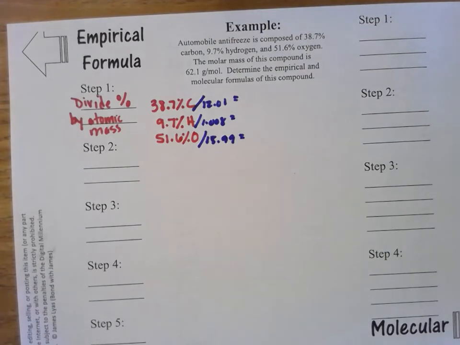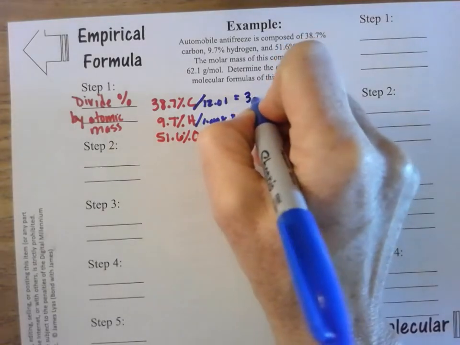Let me use my calculator. 38.7 divided by 12.01 equals 3.22. Now, you don't have to go out super far.